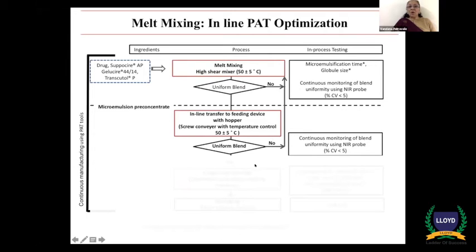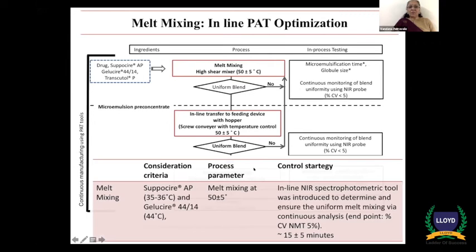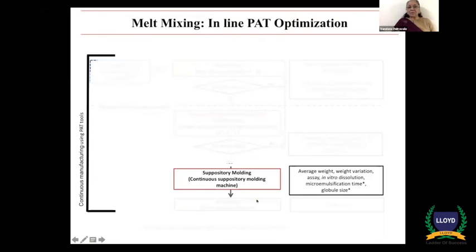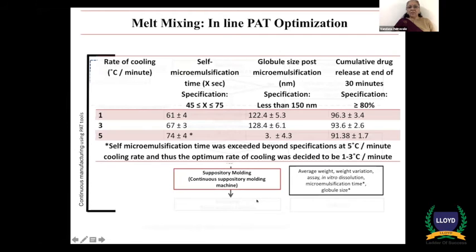Once we got that, of course, the next step would be melt mixing. We looked at inline NIR probes to see whether there was uniform blending or not. When we realized that it requires at least 15 minutes of mixing, it went ahead. Not only mixing, rate of cooling is also very important, because the suppositories need to set.